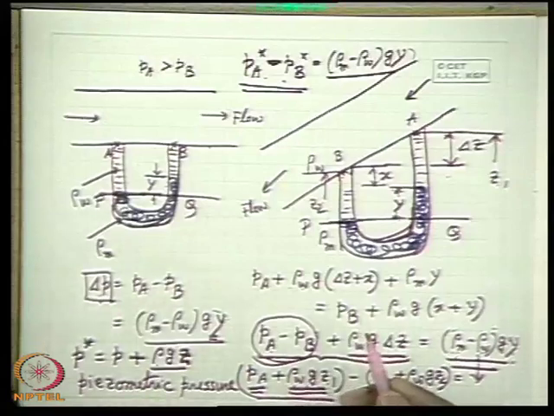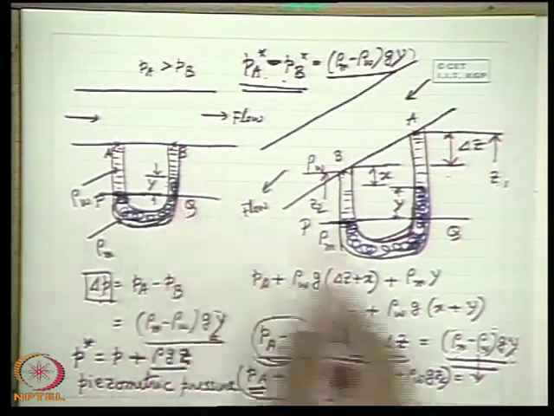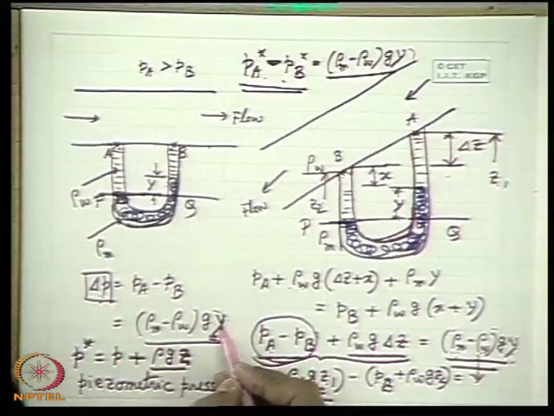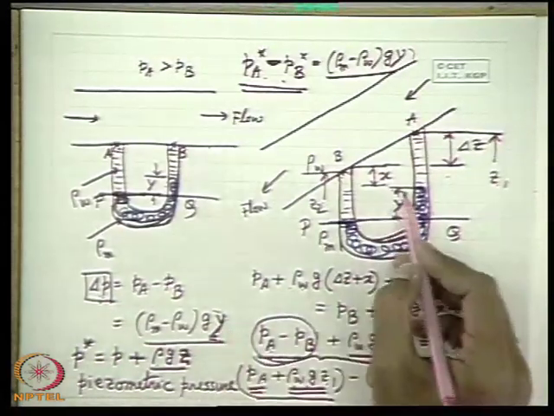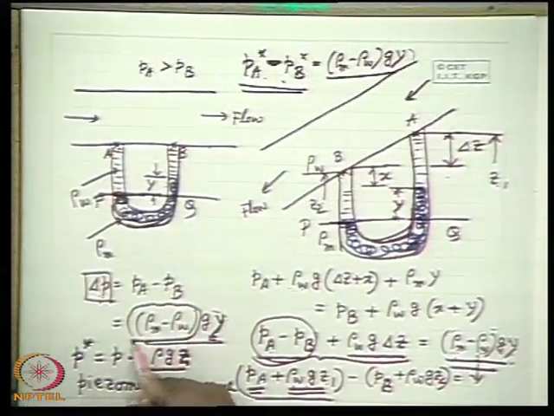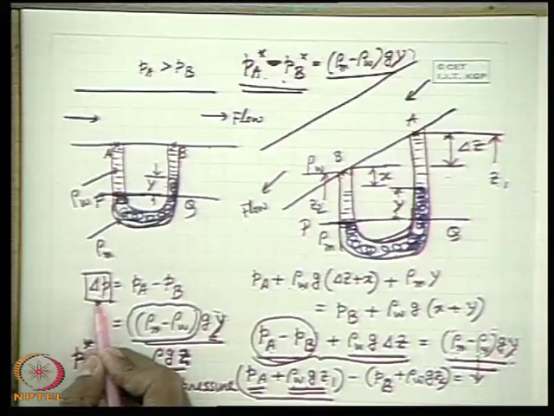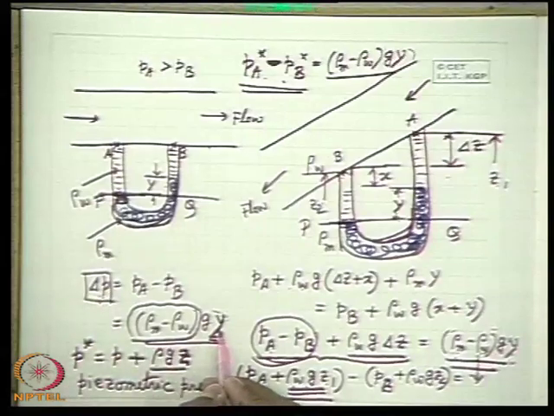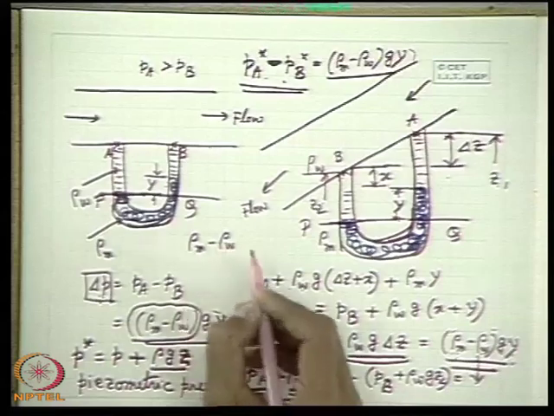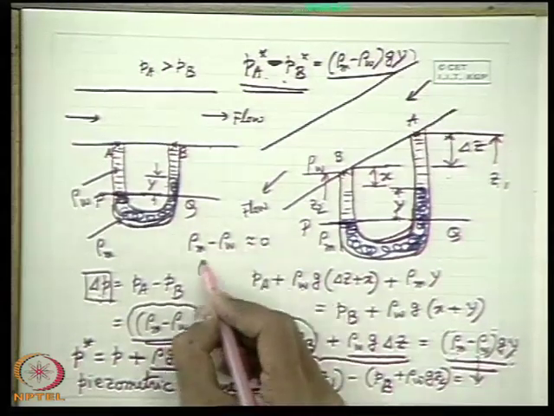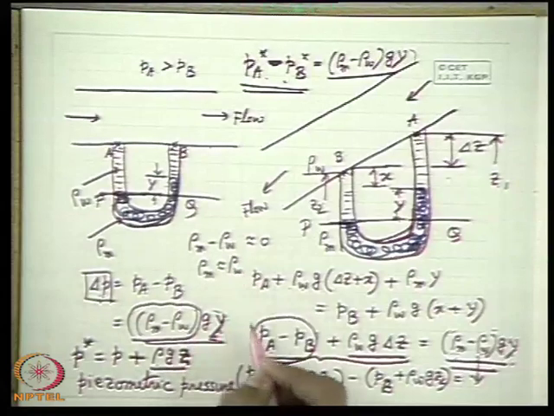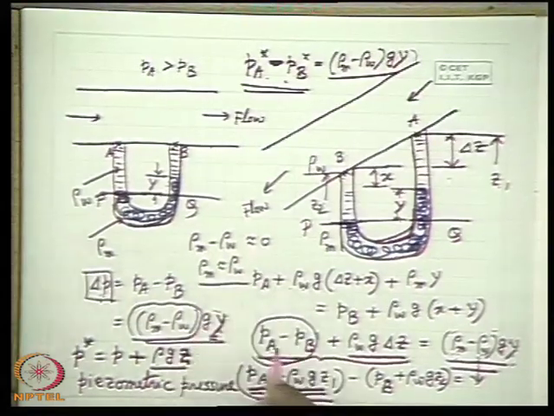In other words, if we want to increase the sensitivity of the manometer, that means for a small change in delta P, if we want to have a substantial or readable value of Y, what should we do? We should make this part very small, so that even for a small delta P we have a large Y. That means rho m minus rho w should be very small, nearly equal to 0, or rho m, that is the manometric fluid density, will be very close to the density of the working fluid.